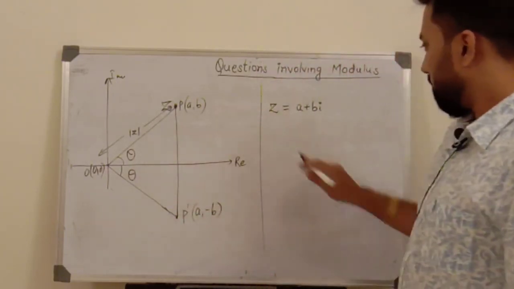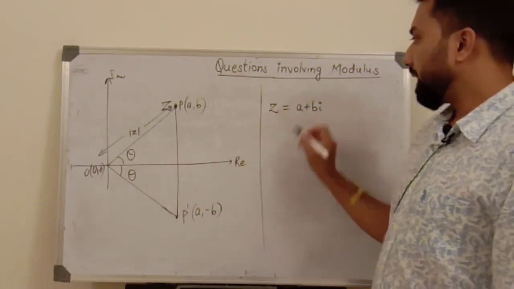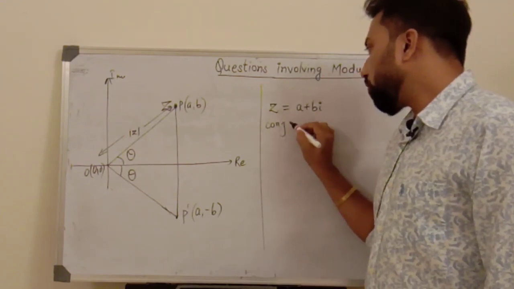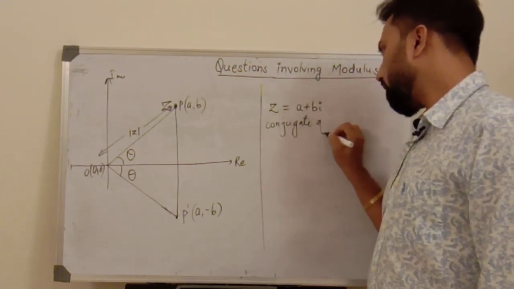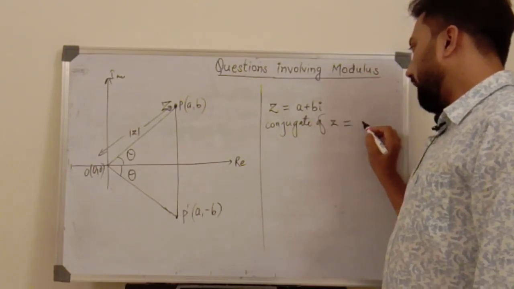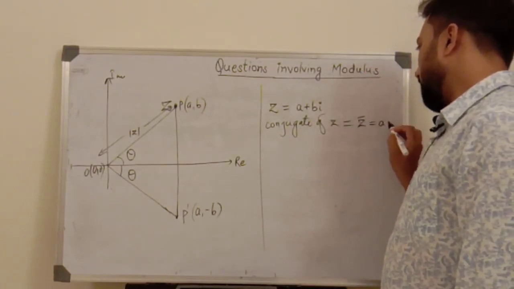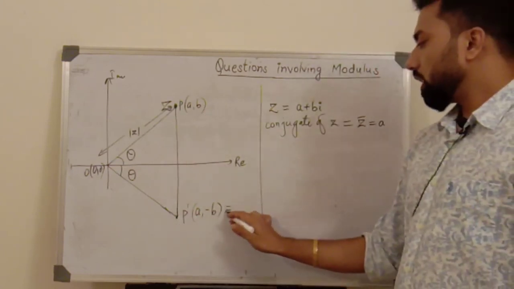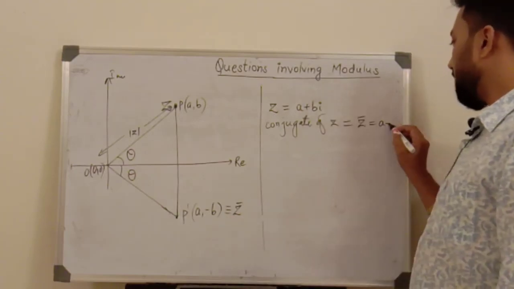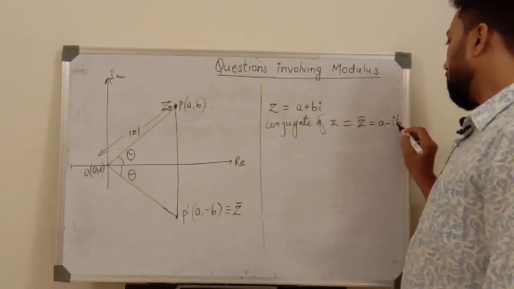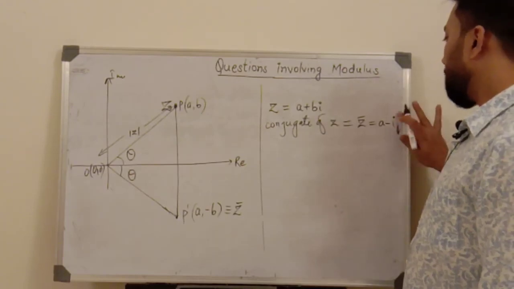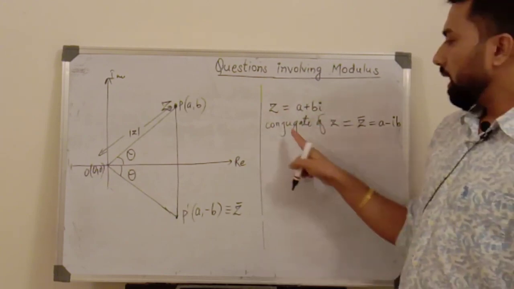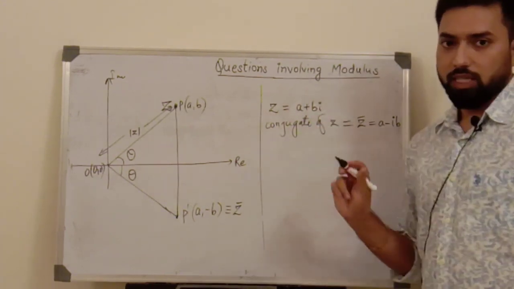Now there is a concept of conjugate. If this complex number z is a plus ib, then the conjugate of z is z bar, which is a minus ib.